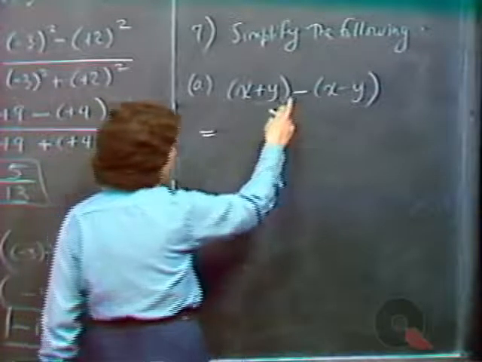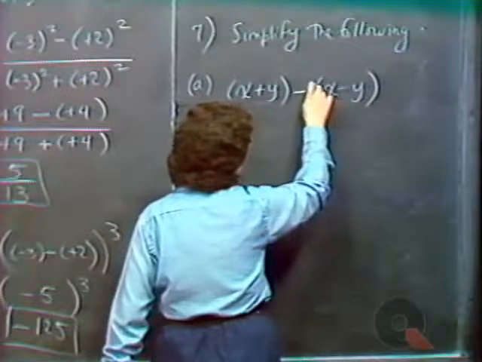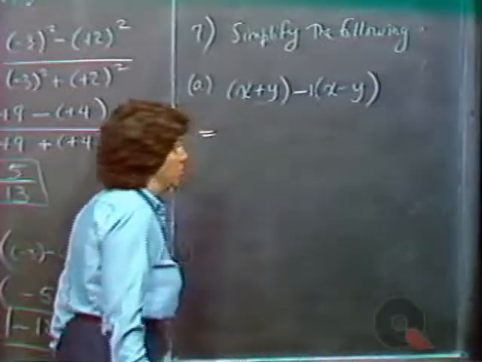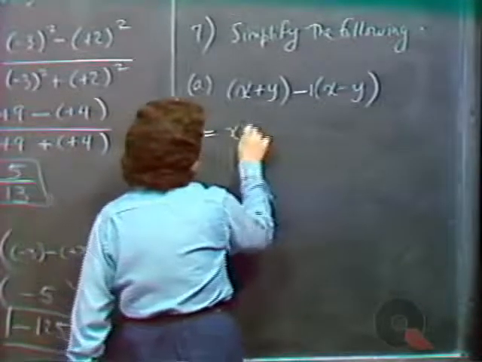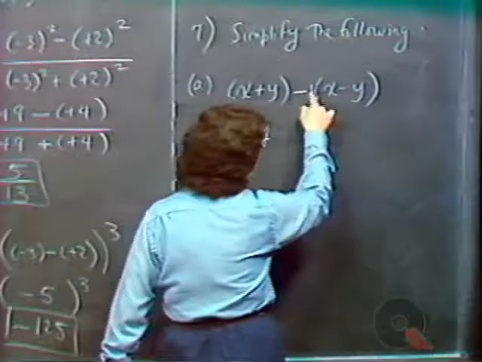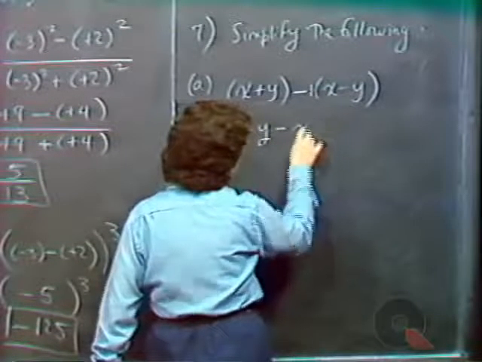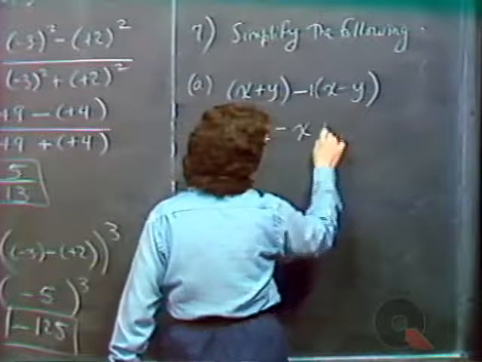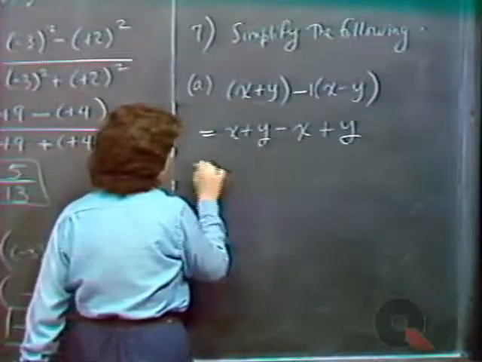When you're subtracting this, you're really distributing a minus 1 through the parentheses. So it's x plus y. Minus 1 times x is minus x. Minus 1 times minus y is plus y.